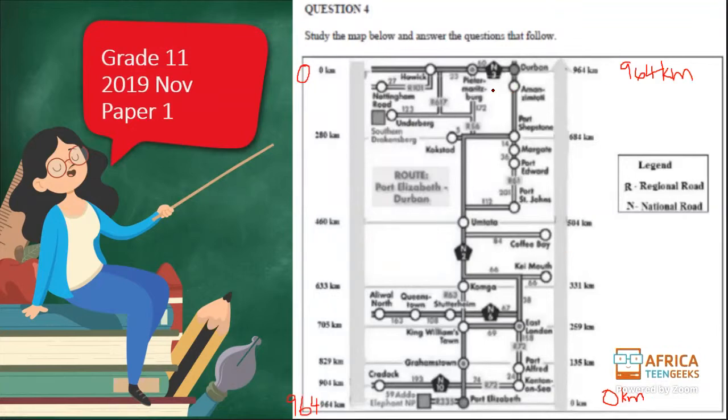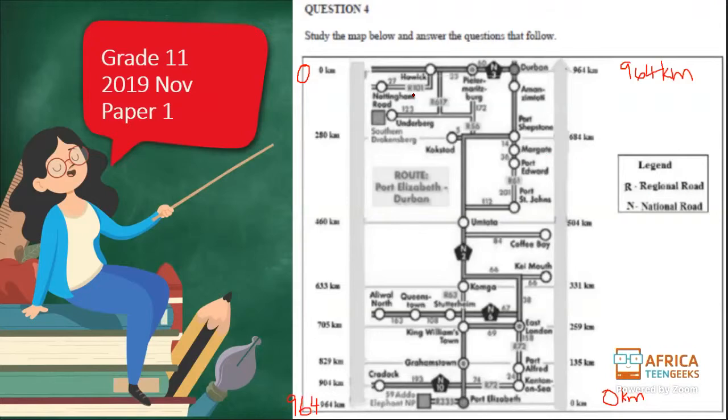Okay. There are a number of roads, right? Roads, remember, they are represented with a letter and a number. So hopefully you can see N, the national road. So there's N3, there's N2, there's N6, there's N10. And then numbers with an R, those are regional roads.